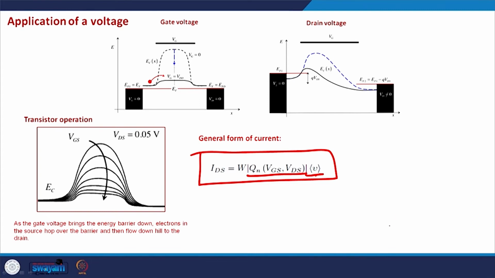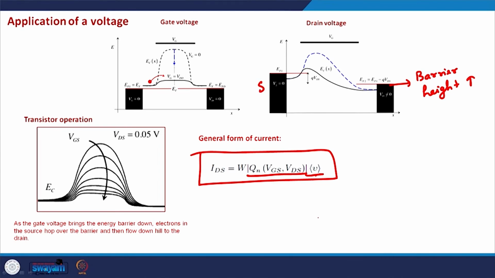Now let me point out here that since a positive voltage is applied on the gate terminal, the barrier height increases from the drain side. The barrier height is more from the drain side as compared to the barrier height from the source side.